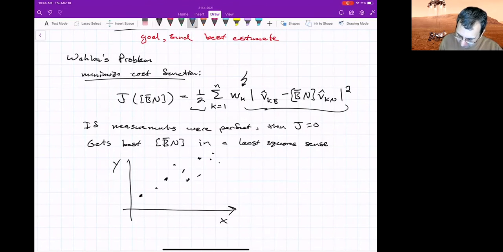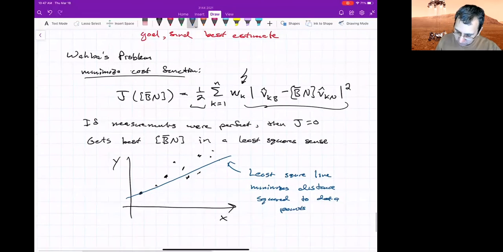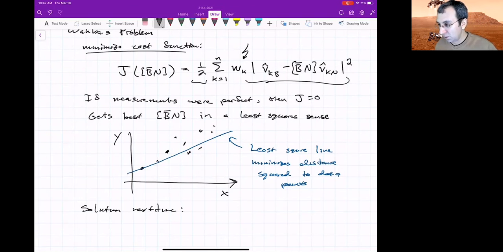You want to get the best estimate curve fit in the least squares sense, meaning this is the least squares line, which minimizes the sum of the distance squared to the data points. So we'll look at the solution to that, or one solution, next time. And the main one we'll use, because it can be written particularly nicely in terms of the Euler parameters or quaternions, is called Davenport's q method. Q because it's going to be based on quaternions.